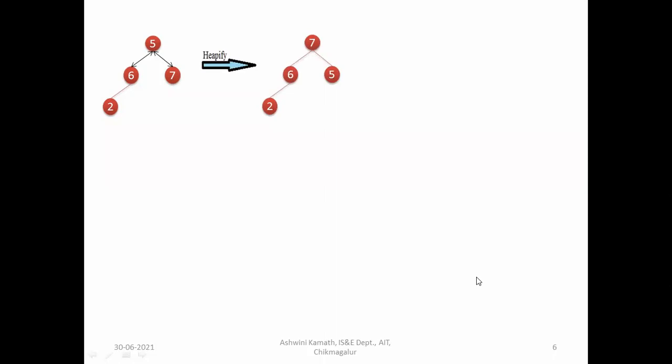Now it's a heap. Now again apply the same thing. 7 and 2 will be swapped. The root key will be swapped with the last node or last leaf node. So swap 7 and 2. Then decrease the array size by 1. So we'll be left with 2, 6 and 5.